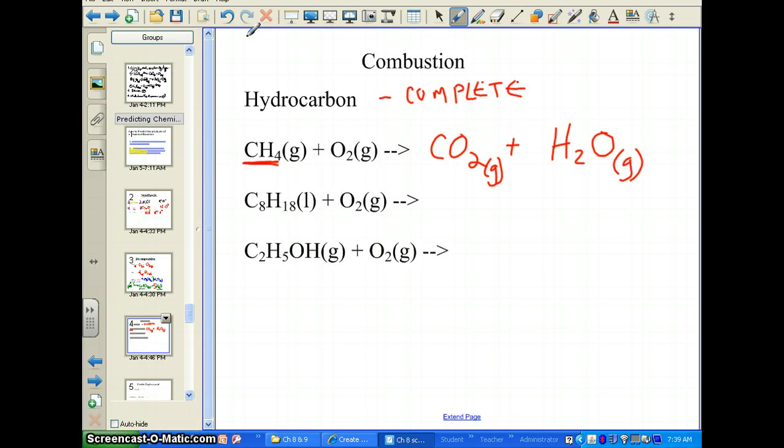In the case of burning gasoline, when you burn gasoline with oxygen, notice oxygen is a reactant in every case with combustion. In this case, with a hydrocarbon, a compound that contains carbons and hydrogens, you get the same products again, CO2 and water.